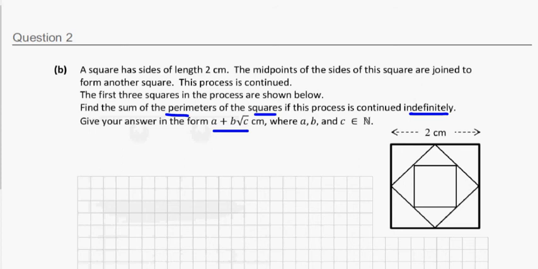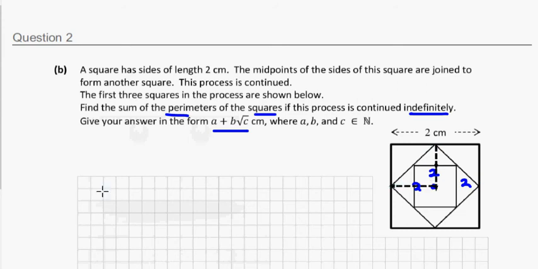So this is 2. This is 2, 2, and 2. What we're going to do next is cut it through the middle, like so. We find the center point of the square, and then we cut it through to the middle and downwards.